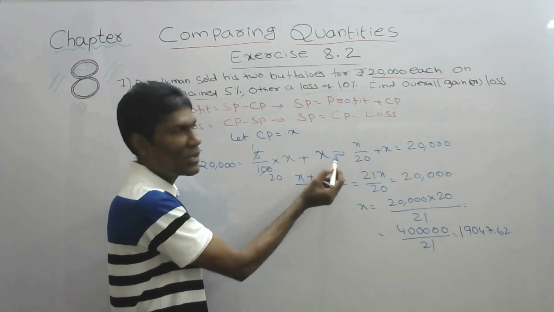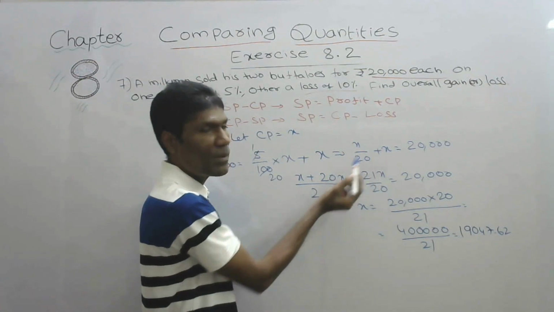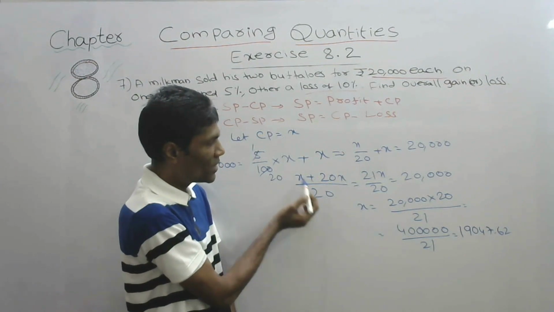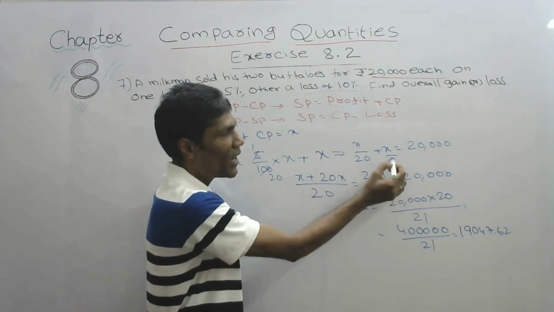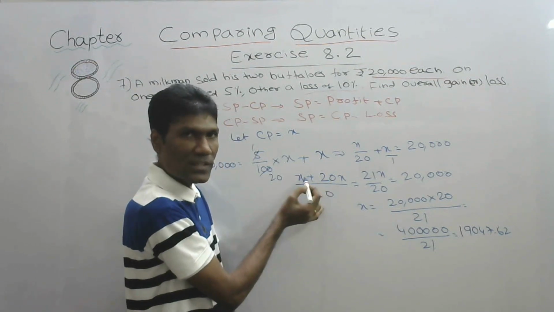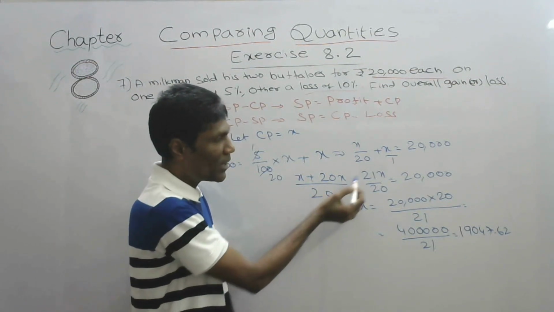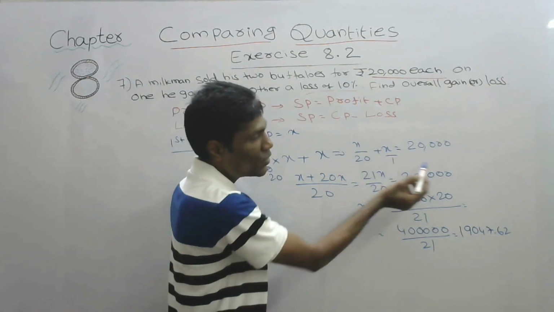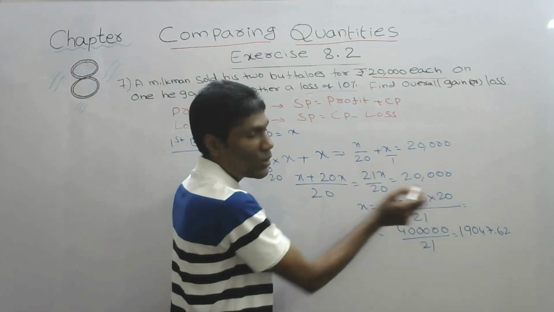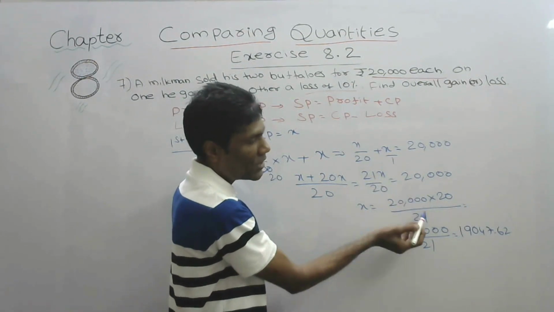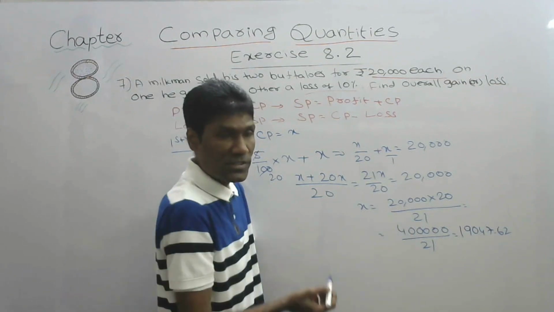Now let us understand this. This is the equation we got. Now X by 20 plus X. We are taking LCM 20. X by 20 plus 20X by 20, that is 21X by 20, equal to 20,000. So when this 20,000 goes to other side, it will become into 20 divided by 21. 21 when it goes to other side, it is division.